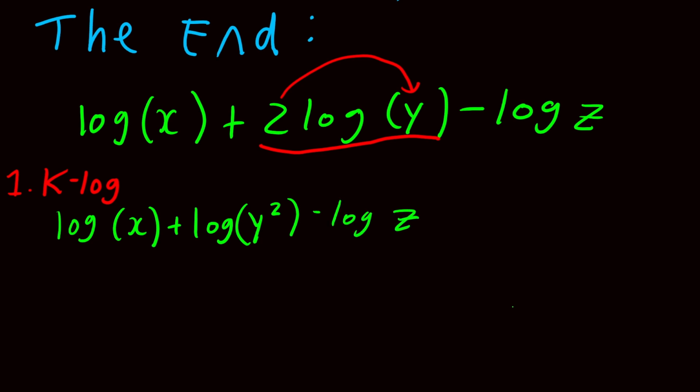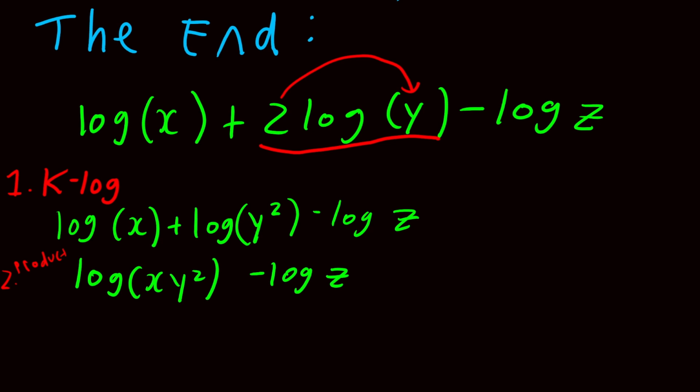Great. Now I'm going to combine the pluses. So now I'm going to get log of xy squared using, what rule did we just use? Product rule. Sorry, it's a little bit messy, guys. And then just minus log of z. Last rule, what are we going to do?